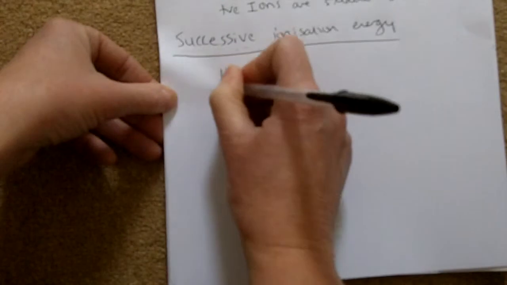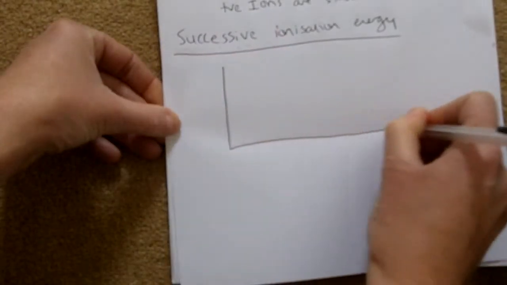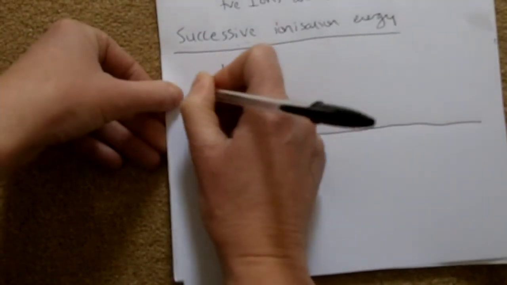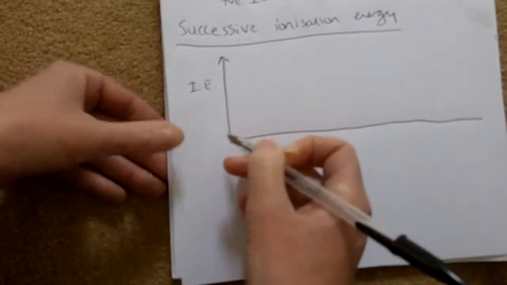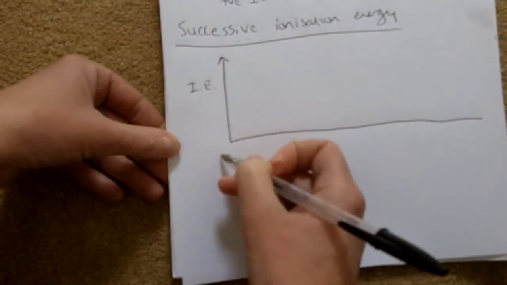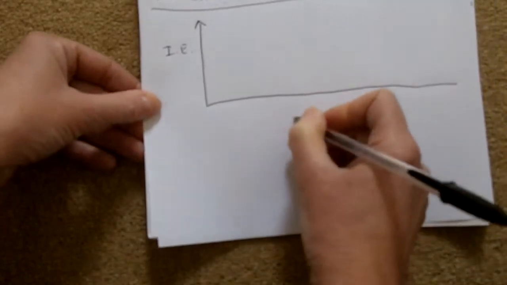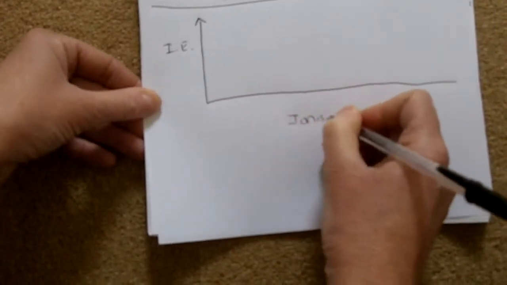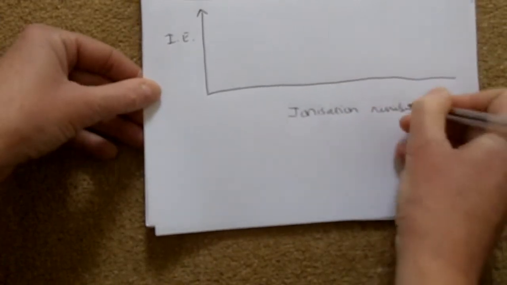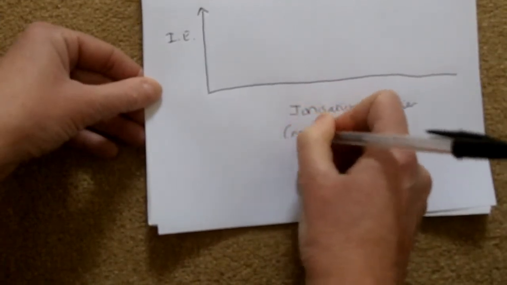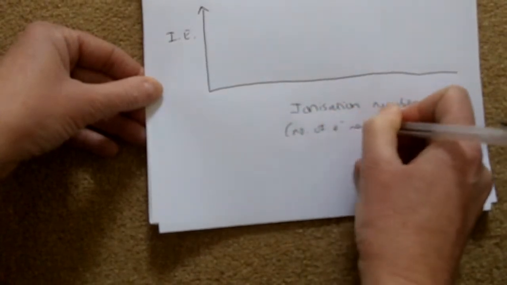So let's do this with aluminium, because this is our example we've been talking about. Okay, so this is ionization energy here, and it's just a sketch, so we're not putting any values there. And this is the ionization number, or the number of electrons removed.